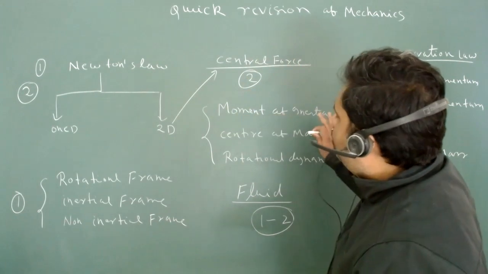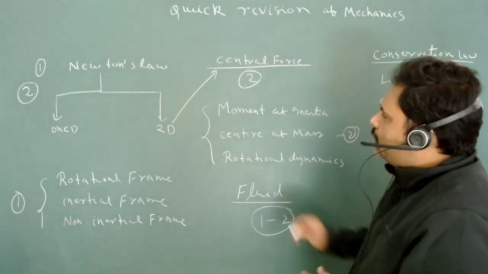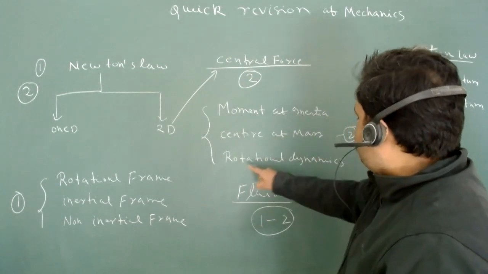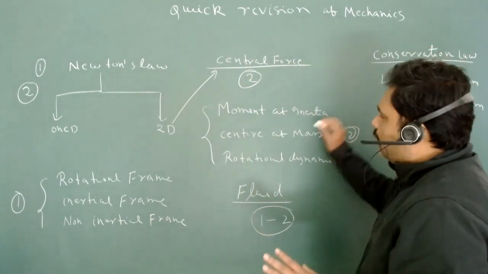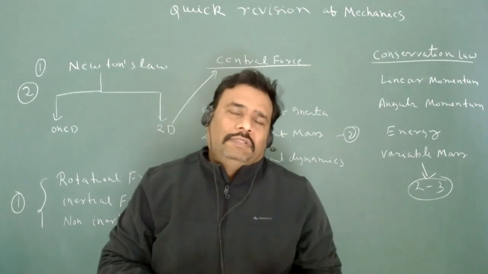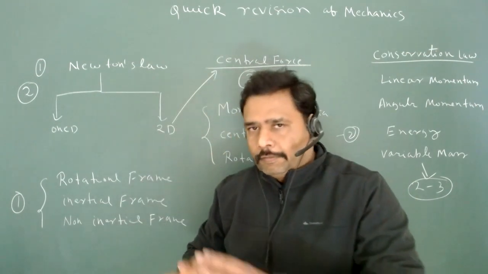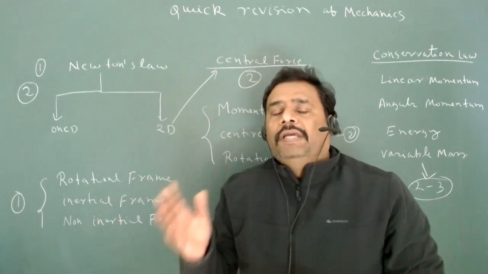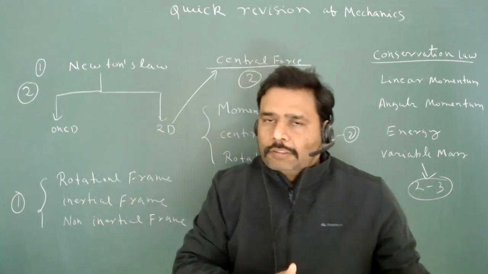And then we have rigid body dynamics, which has moment of inertia, center of mass, and rotational dynamics combined. In general, they will give you some system and ask for the moment of inertia about some axis.